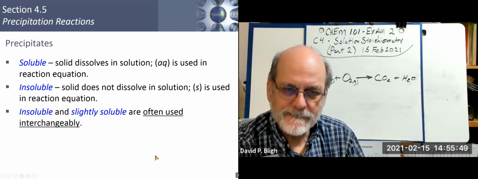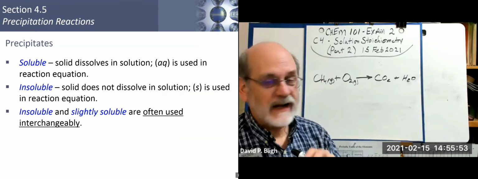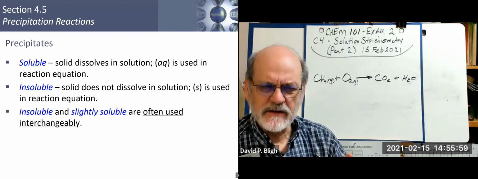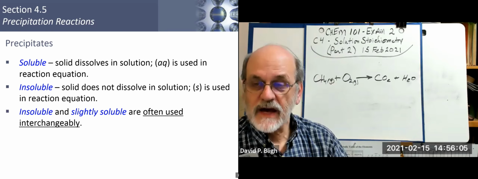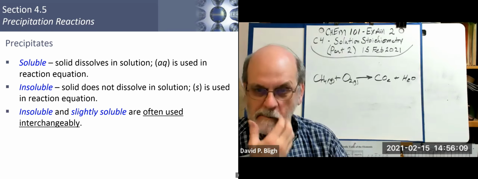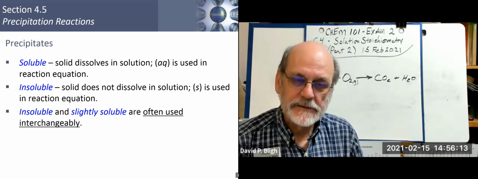Okay. Precipitates. All right, we can classify precipitates based on, well, not classify precipitates. We can classify compounds as either soluble or insoluble. And we're still talking about aqueous solutions.